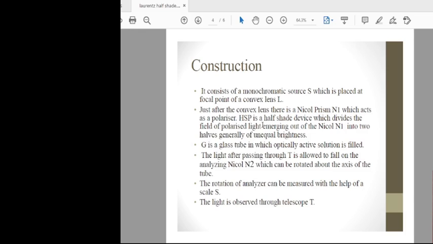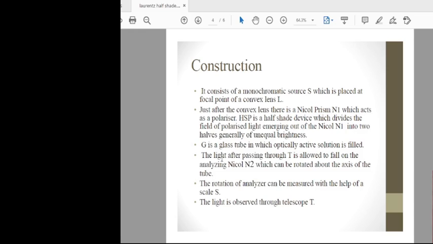HSP means half shade plate, the device which divides the field of polarized light emerging out of Nicol N1 into two halves, generally of unequal brightness. Keep in mind this term, unequal brightness.